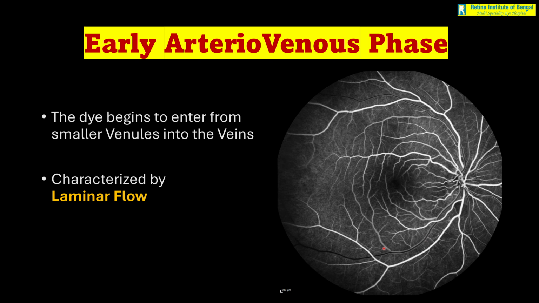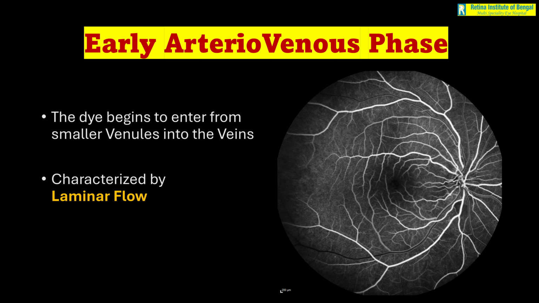That's because the dye usually enters along the walls of the vein, because the blood flow is faster along the walls of the vein, and in the center of the vein the blood flow is slow. So usually the vein will start filling up from near its borders, and then slowly the central lumen gets filled up.